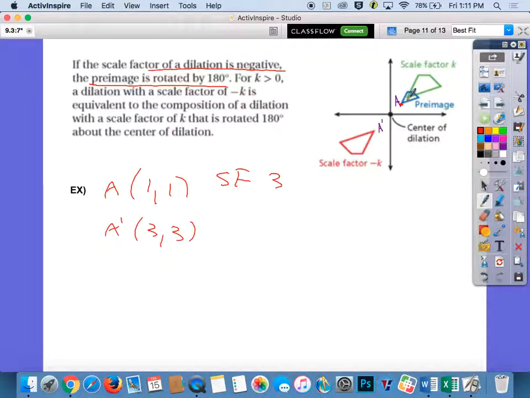Now, because the scale factor is negative 3, this point goes down to this quadrant, so it's going to be negative 3, negative 3. That's the same pattern we saw with the 180-degree rotation: same coordinates, just negated. So it takes that and rotates it 180 degrees. Again, it piggybacks on the rotation formulas we just talked about. Your center of dilation is going to be the origin in this case.